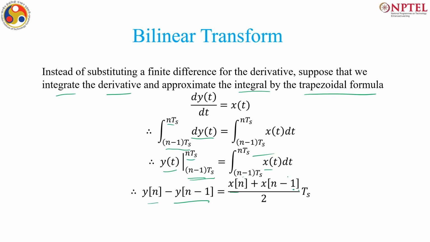So, this is the formula to calculate the area of a trapezoid, by 2 into Ts. So, this is basically the trapezoid, and we are calculating this area between n minus 1 Ts and n Ts.